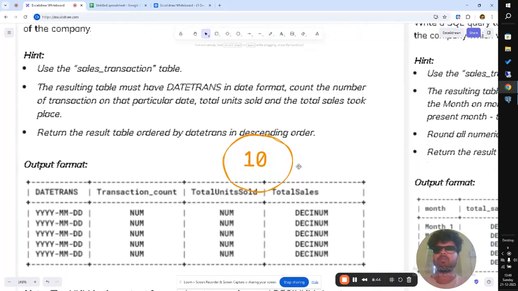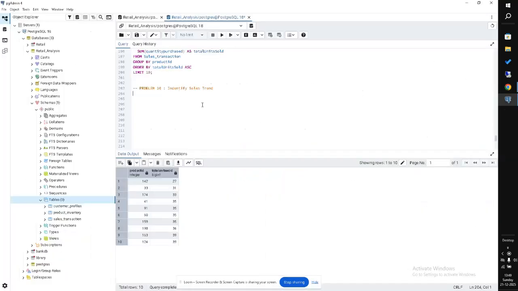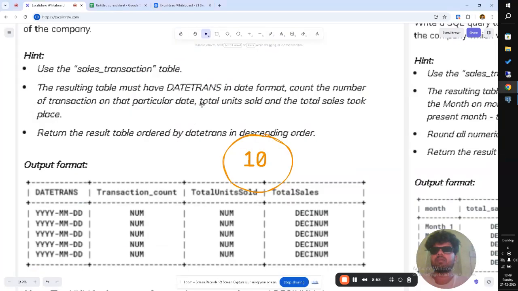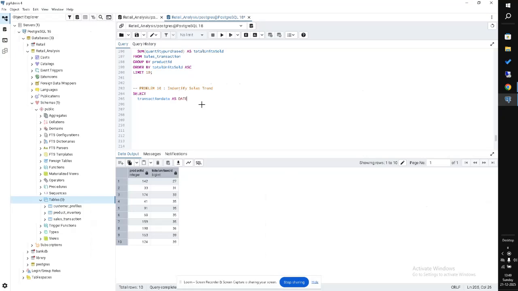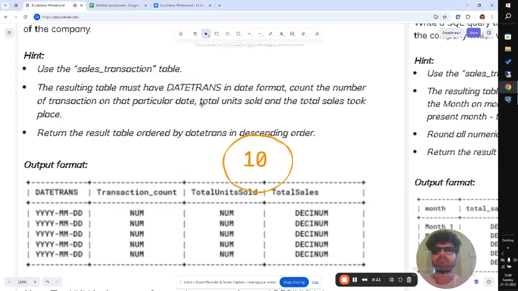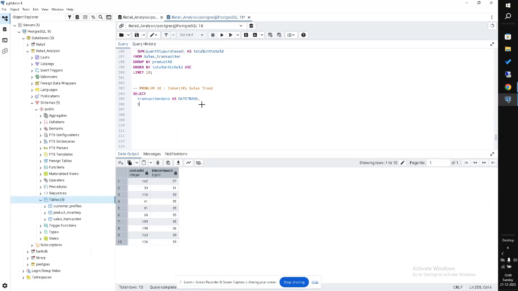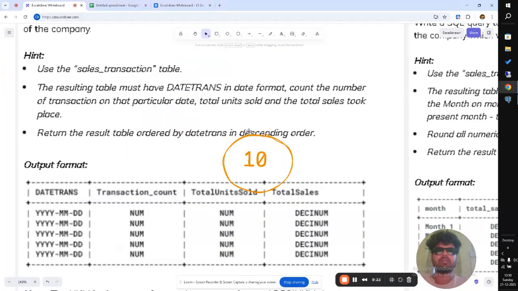So it is a straightforward question. We are using the sales transaction table and select transaction date as date trans. Then transaction count, so count of star as transaction count, and total units sold.